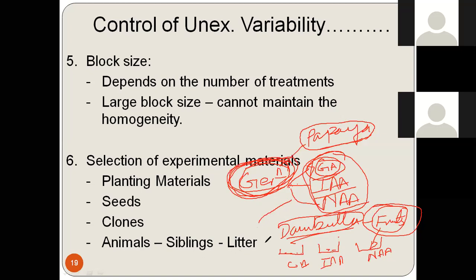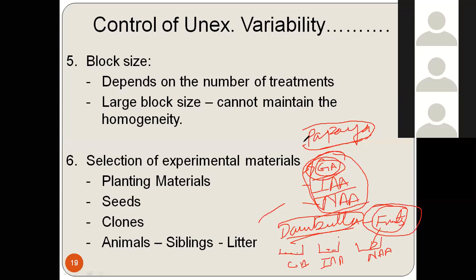If you mix all these fruits, there's already variation. There may also be variations in variety. What are the varieties available? Red Lady I know, but what are the others? Ratna. Okay, so there may be a mix of fruits.